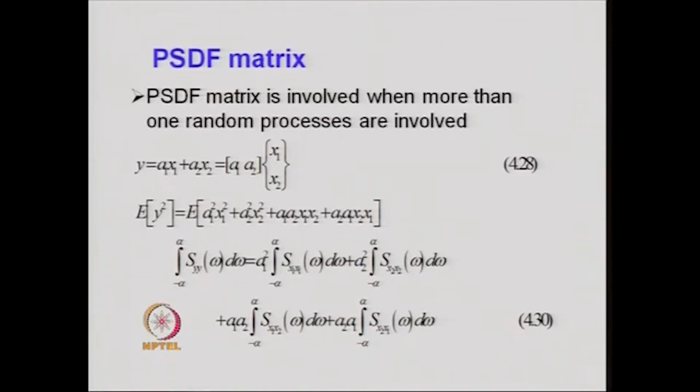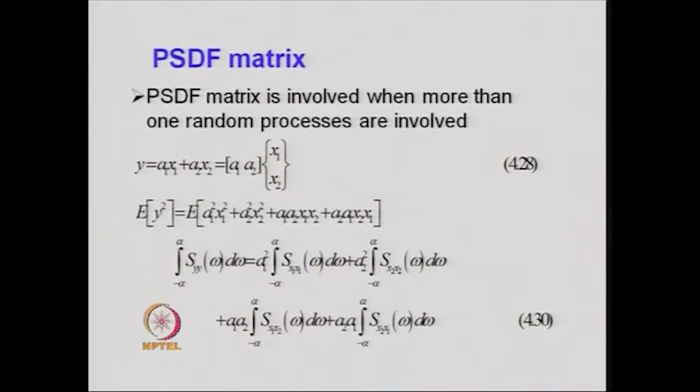Since the mean square value, or the variance for a zero mean process, can be written as the area under the power spectral density function curve, the expected value of y square is replaced by the integral from minus infinity to plus infinity of Syy(omega) d omega.